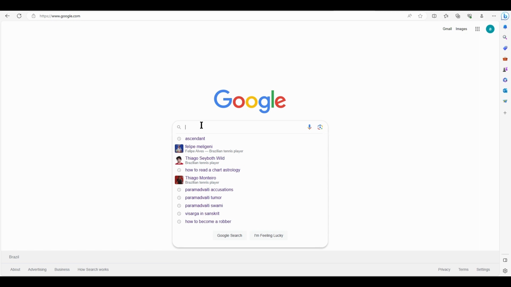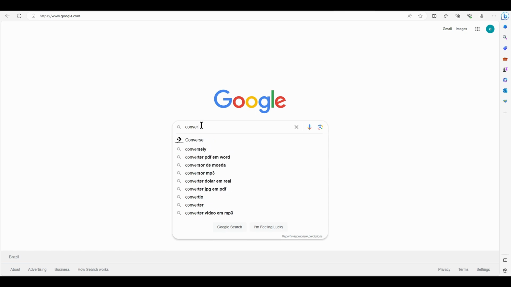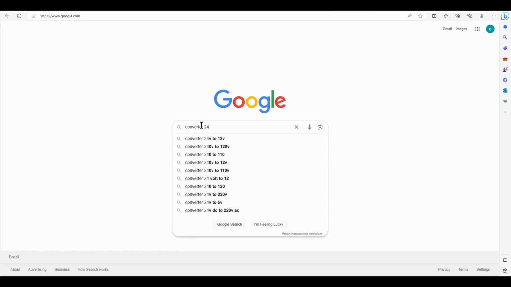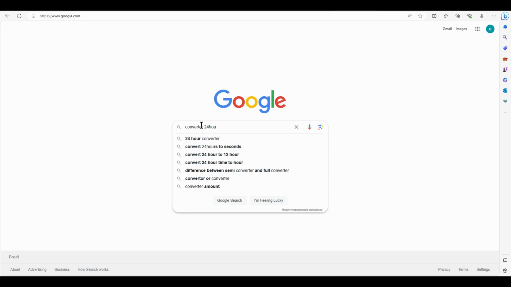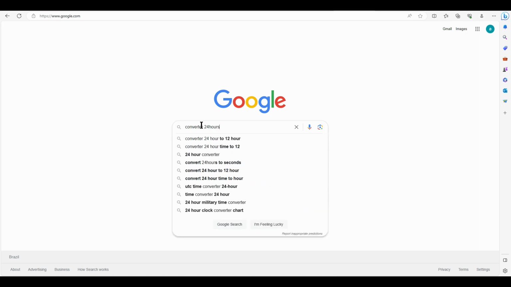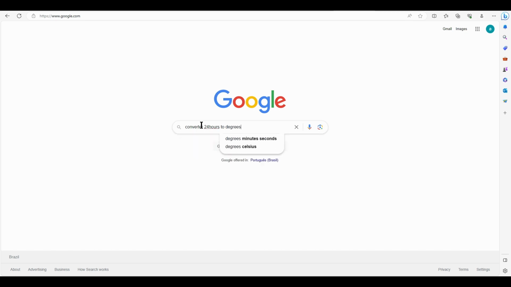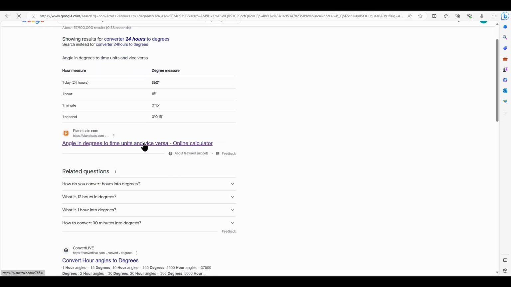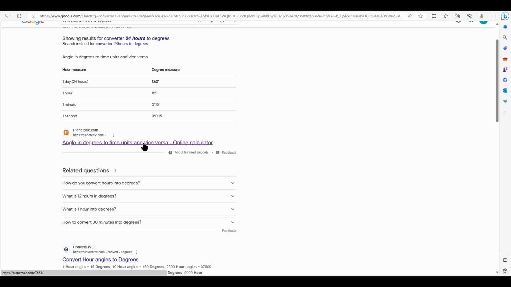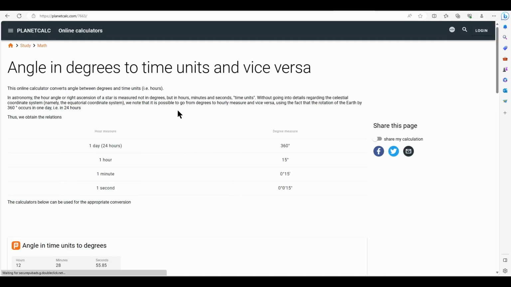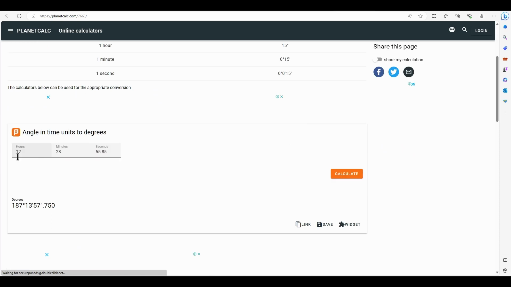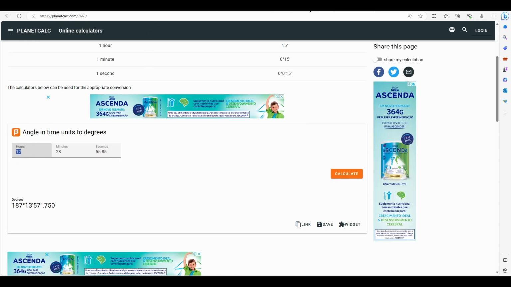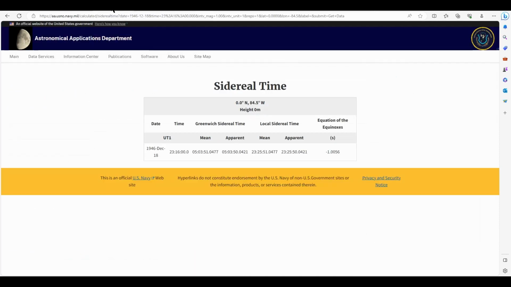So okay, to convert 24 hours to degrees, we can find some converter online. This one is good, so let's go. Already done. So 23, 25.